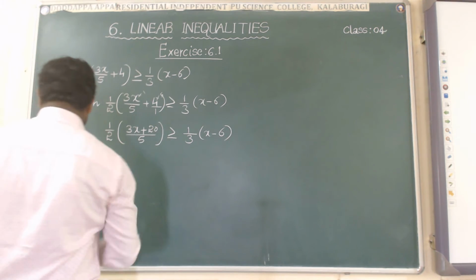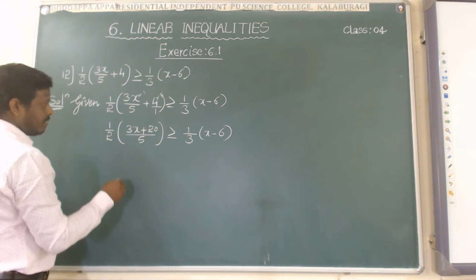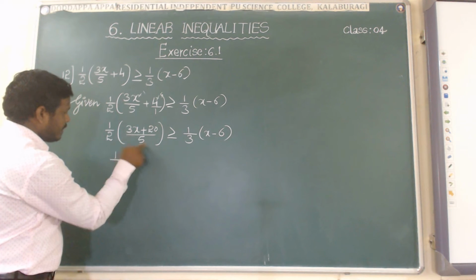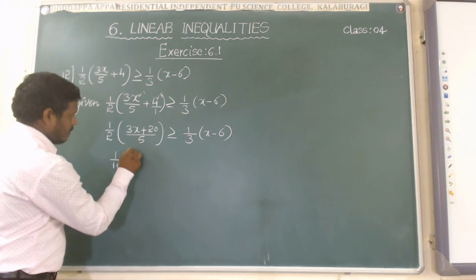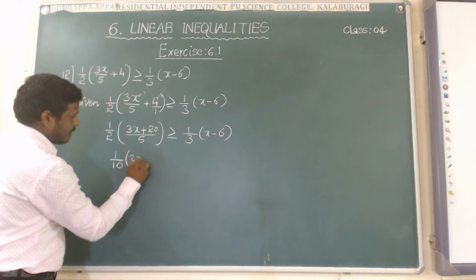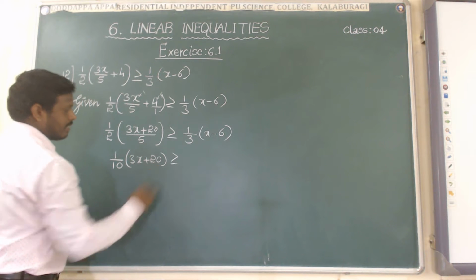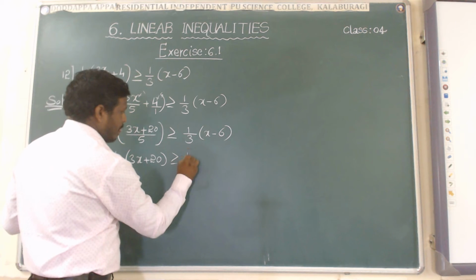Now simplify: 2 times 5 is 10 outside. Inside we write 3x plus 20, greater than or equal to 1 by 3 of (x minus 6).